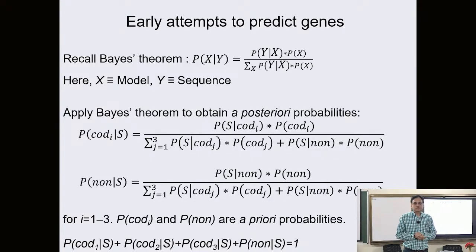I will ask you to predict whether a sequence I have not shown you is protein coding or non-coding, and I will tell you that it is bacterial. You will be tempted to predict coding, because there is a 90% chance of winning, right?